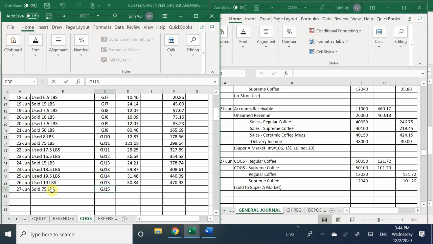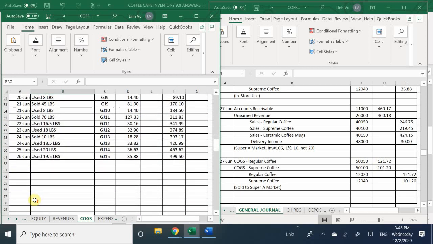No worries. So 15, we sold it for 121.72, bringing the grand total to $592.65. Okay. And let's see here, the next one is right underneath.